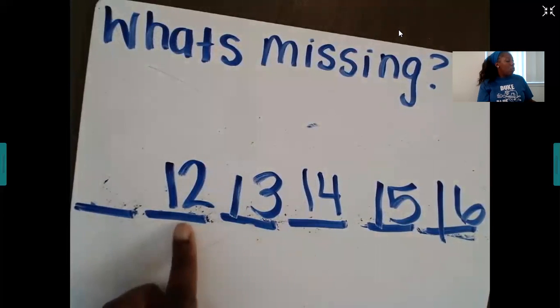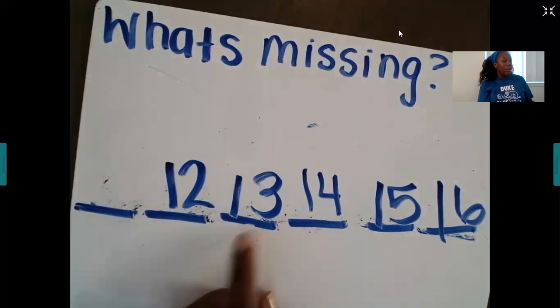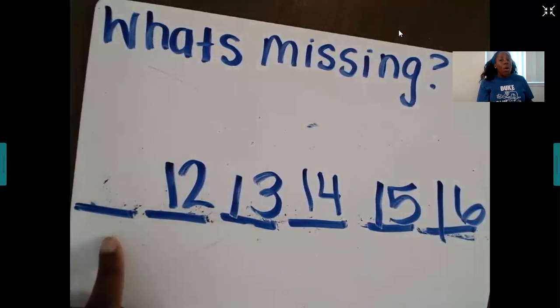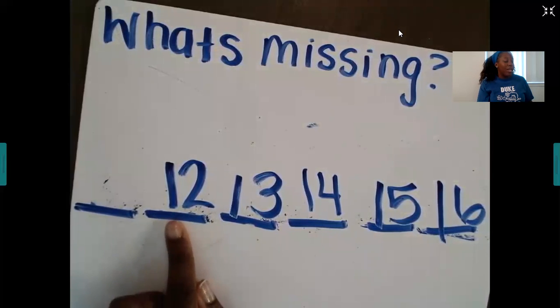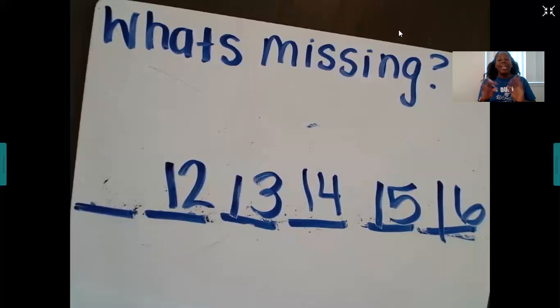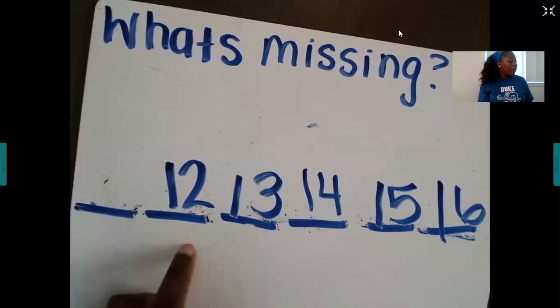Now that you have 12 and 13 here, what number came before 12? If you don't know automatically, remember that strategy I gave you again, friends. Because if you're at the 12 and you can't remember what comes before it, go back to that 10 and count up with 10, 11, 12. Oh, hold on.